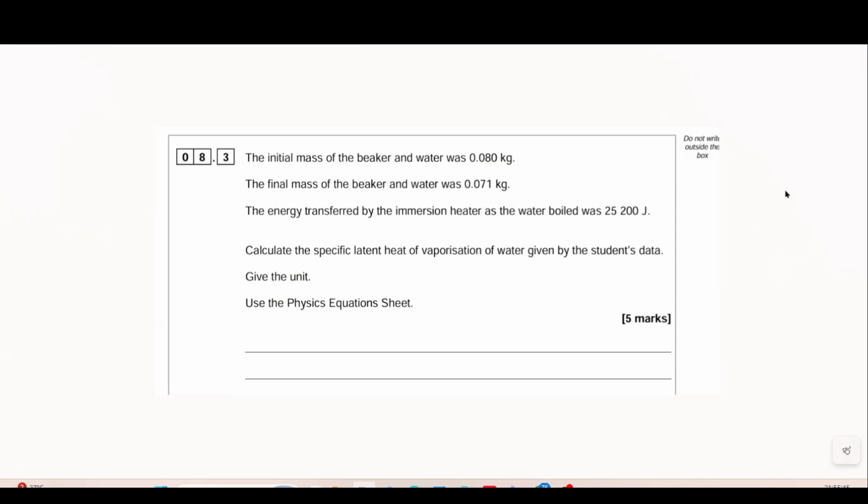So, specific latent heat. Thermal energy for a change of state is equal to mass times specific latent heat.